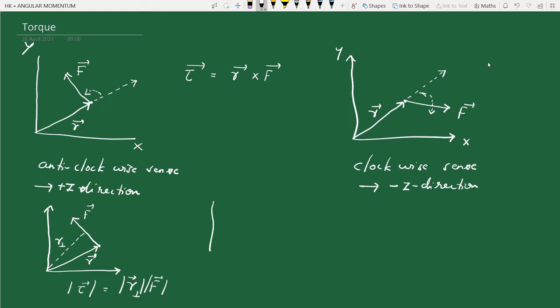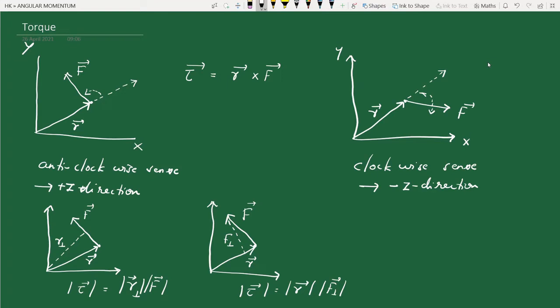Another geometrical way of getting the magnitude is, this is the position vector R, force F. Now you can drop a perpendicular from the force to the position vector, which gives you the perpendicular component of the force, and the magnitude of the torque you can write as magnitude of R into magnitude of this perpendicular vector, F perpendicular.